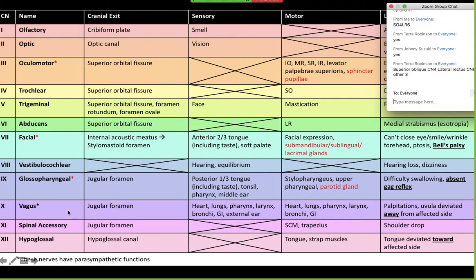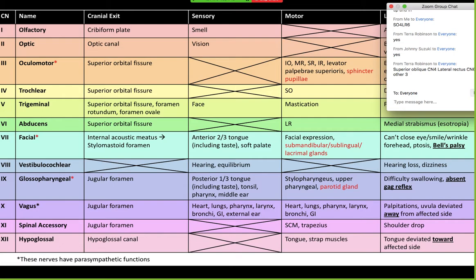Then 10 and 11. If you have a lesion to cranial nerve 11, you get shoulder drop, and then hypoglossal. So I definitely remember this being on the lecture exam. So if you have a lesion to the right hypoglossal nerve, then your tongue is going to deviate towards the side of the lesion.